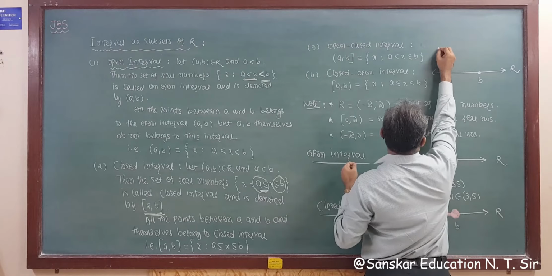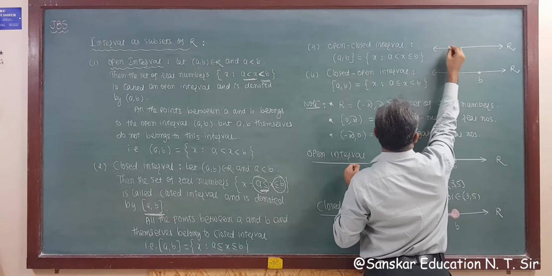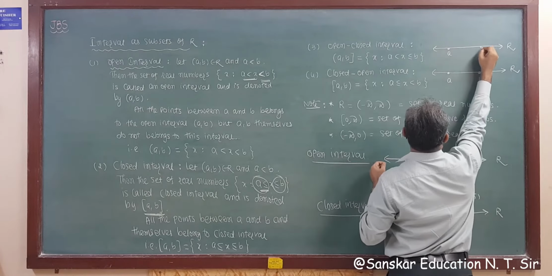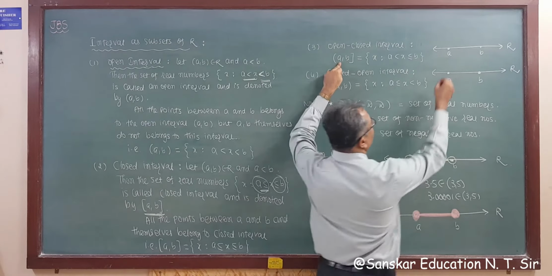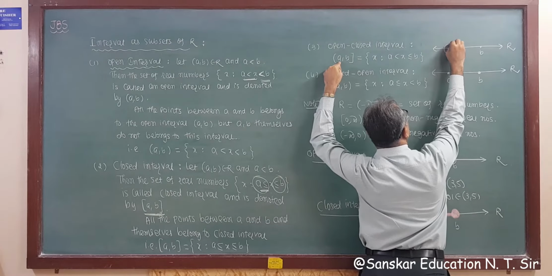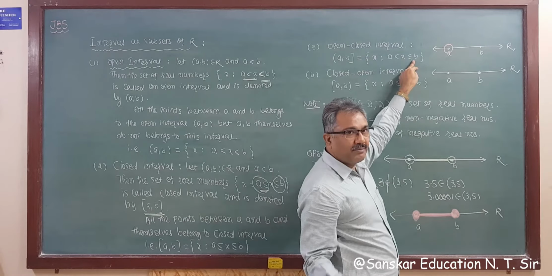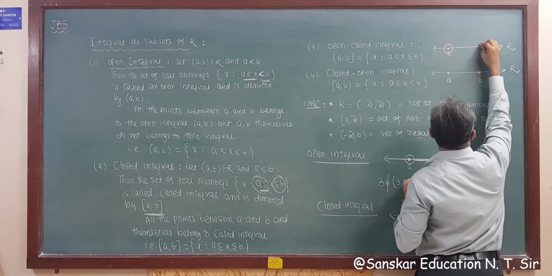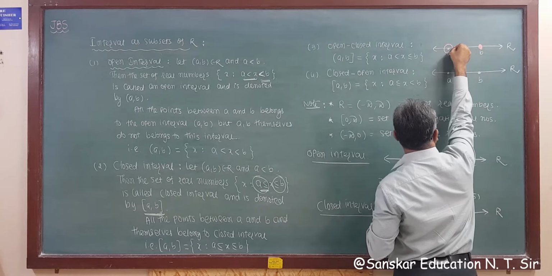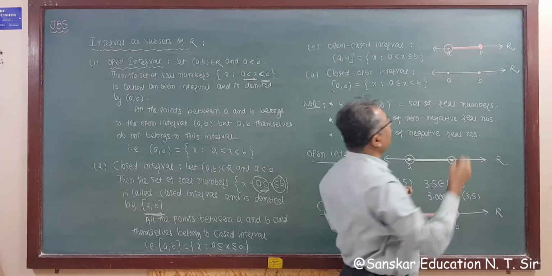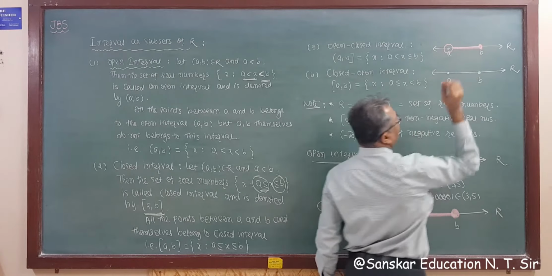So here, a is not included, so I am writing it like this, and b is included because it is closed. So this is the open-closed interval, where b is included and all the points between a and b.